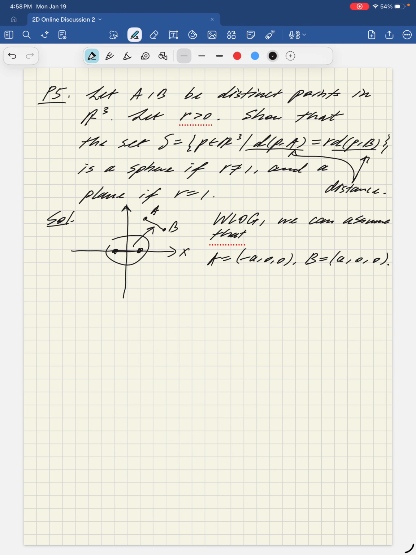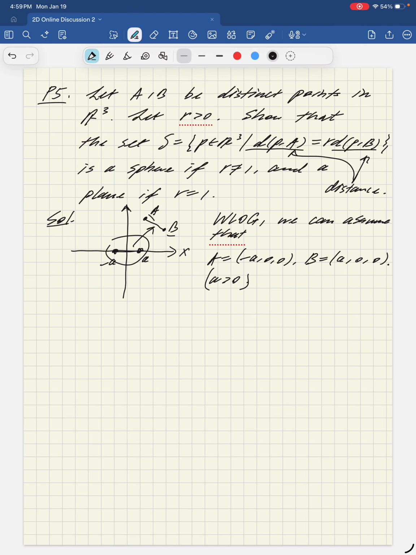So I can just move my points A and B to be equally spaced on my x-axis. I can just move them back. And if I can show that for these 2 specific points, where a is larger than 0, the statement holds, then for my arbitrary points A and B, my statement must also hold, because it's just a translation and nothing has changed.